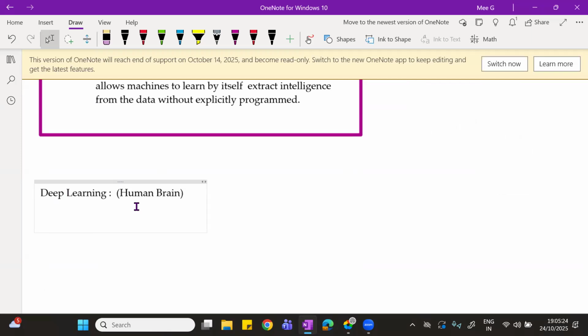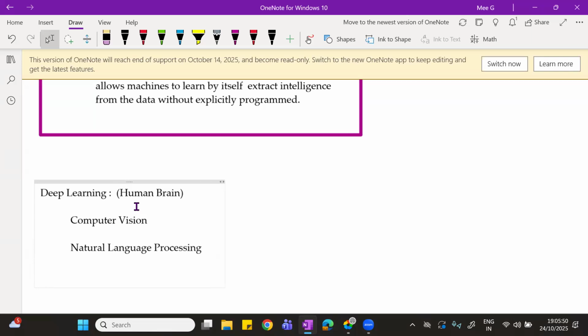Now, in simple terminology, as I told you before also, deep learning has two major fields. One is computer vision. Second one is natural language processing, NLP.